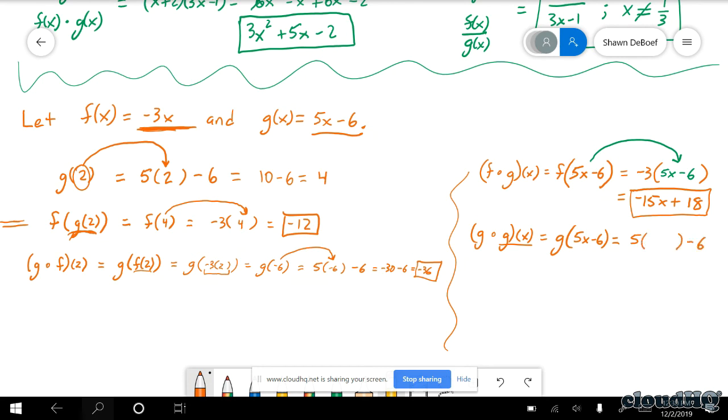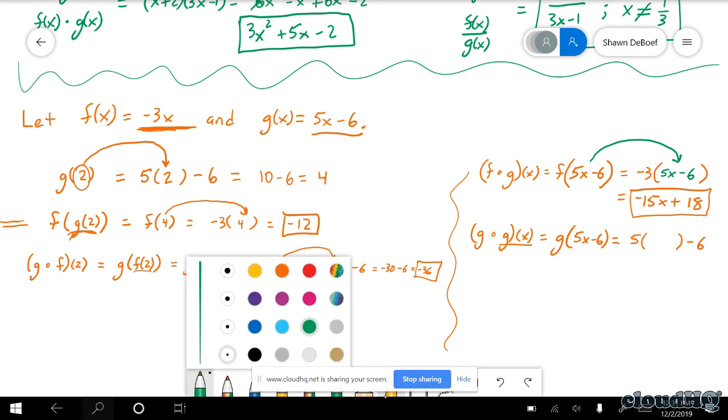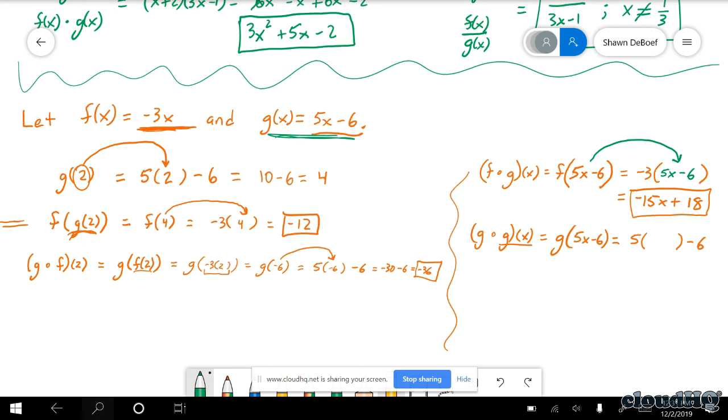So the g function says 5 times x, but I'll leave a parenthesis there instead. 5x minus 6 comes from here, but I replace the x with a parenthesis right here. 5 times something, minus 6.